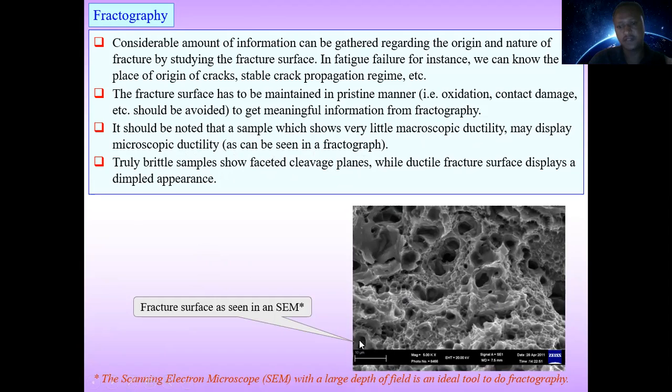We have cleavage planes here. These are the faceted cleavage planes, while a ductile fracture surface displays a dimpled appearance. A fracture surface imaged by scanning electron microscope is shown in this picture.